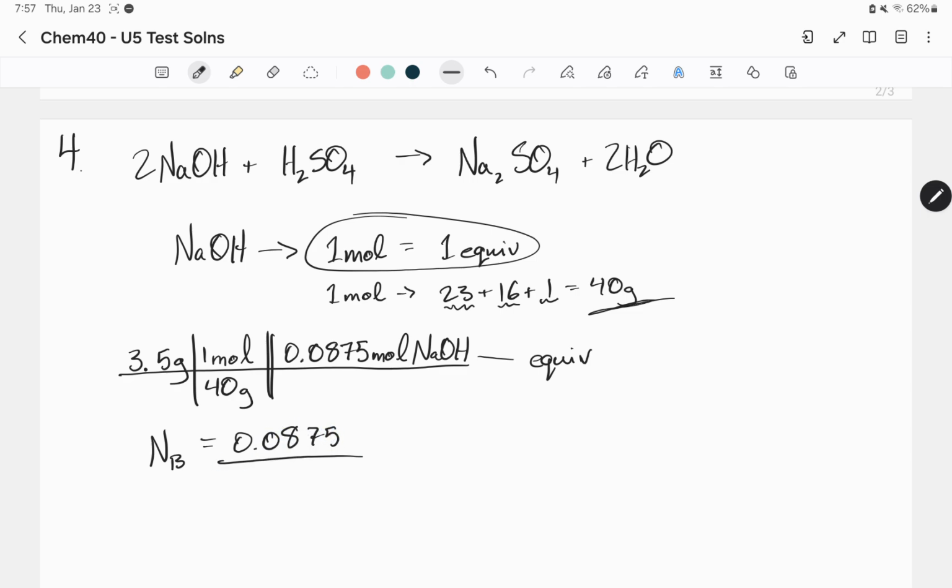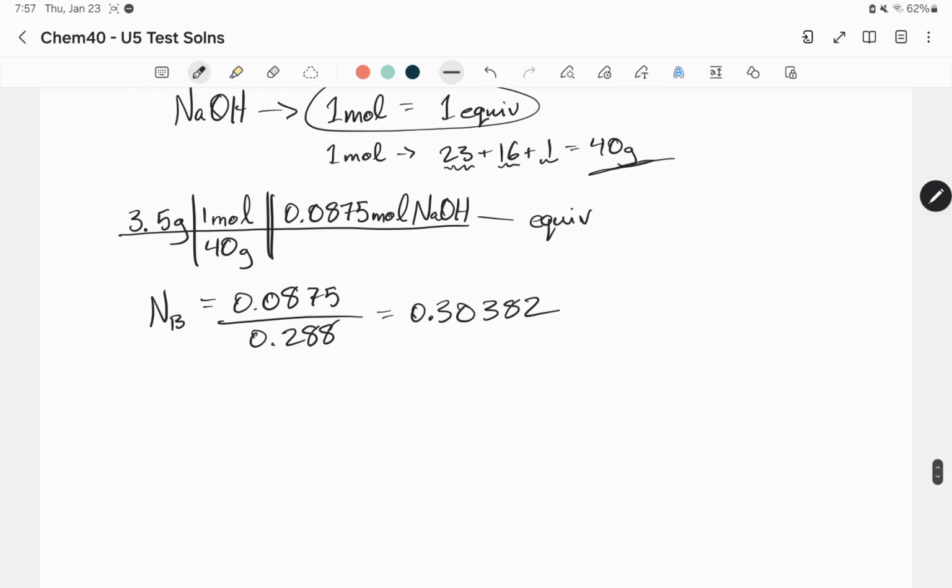It is 0.0875 over 0.288, because we're told in the question that we have 288 milliliters, right? So this gives us, getting ahead of myself, a normality of 0.30382, and I just decided to carry a lot of decimals for that part. I'm going to round this for the calculation.